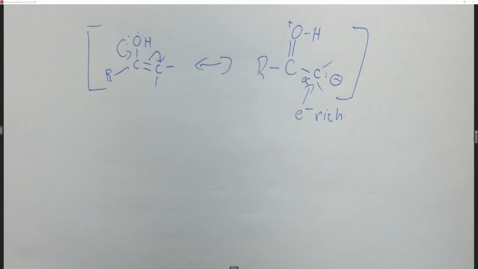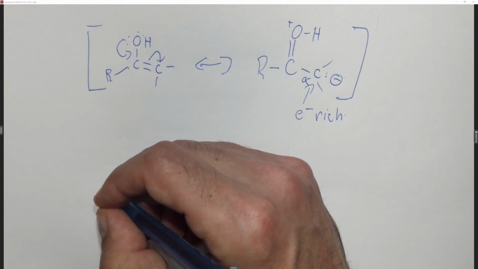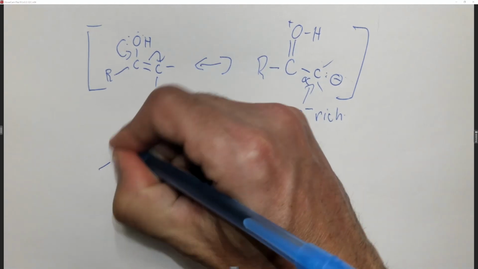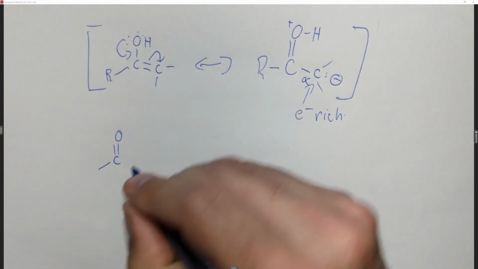So what I'd like to do is look at one example here of an alpha substitution reaction that is catalyzed by an acid. So when it's acid catalyzed, we don't initially get the proton being removed and the minus charge on the alpha carbon.